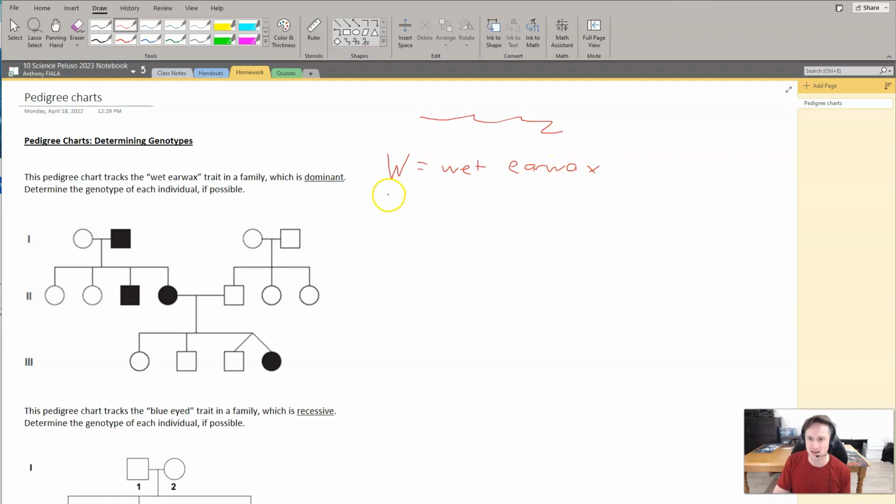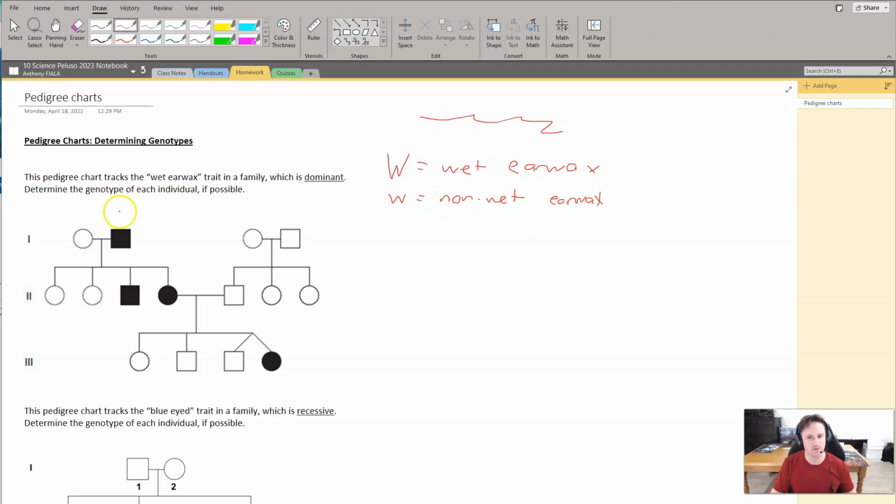And the little w, which is the recessive allele, what would be the opposite? Dry earwax? Or maybe just non-wet earwax? What a strange example to start with, but that's okay. So that's what we're going with here.